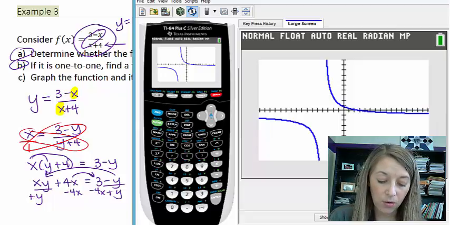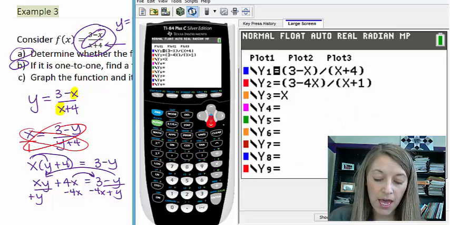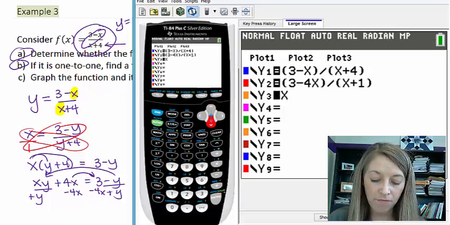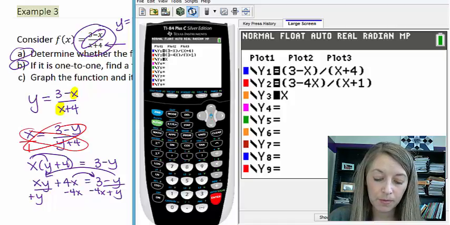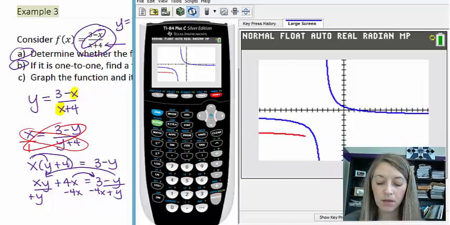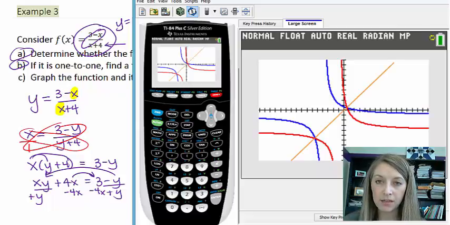Okay, now let's go ahead and turn on the other two functions, so we can see what my inverse looks like and how the graph is going to be flipped over. So again, the red is my inverse function. If I were to flip these over that line of y equals x, they should match.